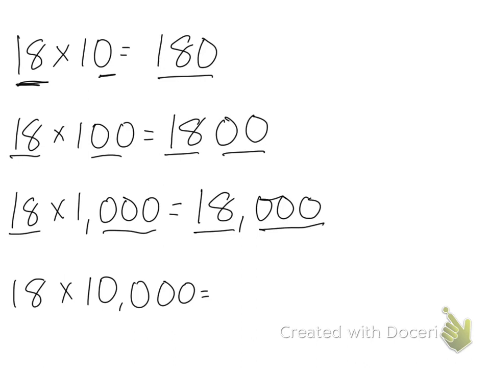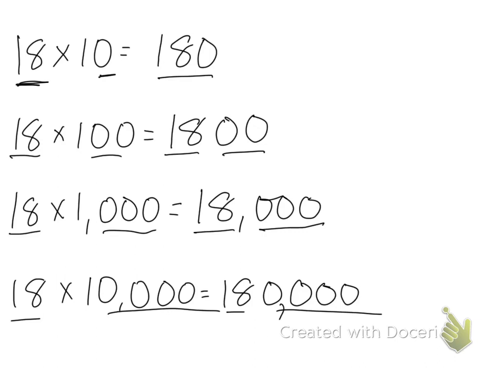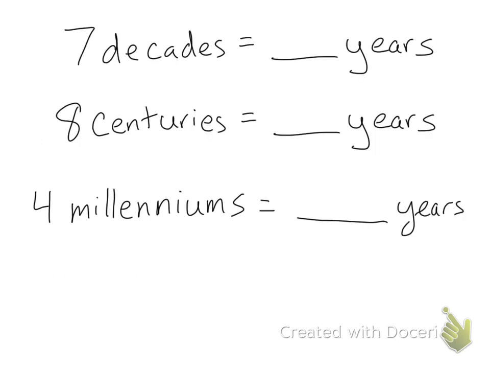And 18 times 10,000 is going to be 18 with 4 zeros on the end. So that's 180,000.